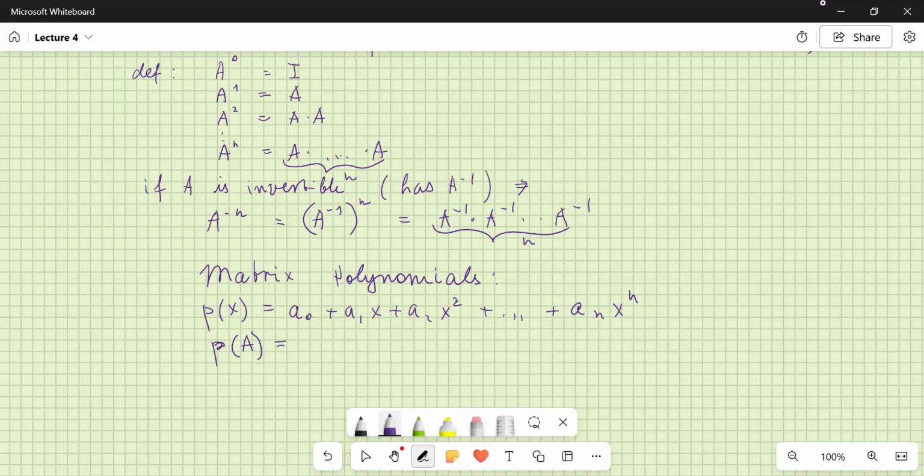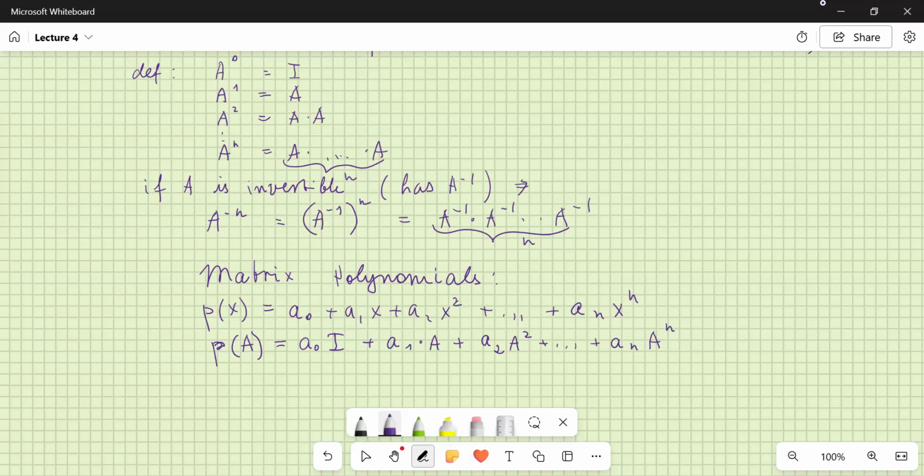What are we going to have? Well, because we are going to have addition here, we cannot add just a number. For real numbers it is just a number, a scalar. We cannot add a scalar to matrices. We are going to have matrices over here if we plug in A instead of x. So we're going to turn this a0 into a matrix too by multiplying it by identity. For the rest of the coefficients, we are going to keep them, and we are just going to use powers of matrix A. And the last element is going to be an A to the power of n.